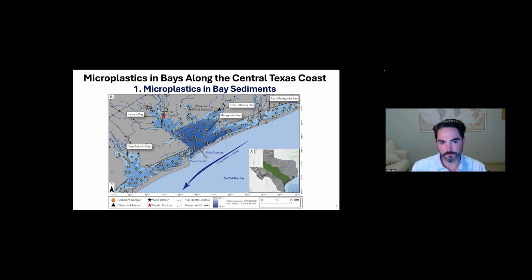We also have material sourced from almost 30% of Texas coming down the rivers. And we wanted to see how much is actually being preserved in our bay sediments, because this can pose risks to organisms that we ultimately are harvesting. And so what we did was we went out and collected sediment grab samples and push cores.